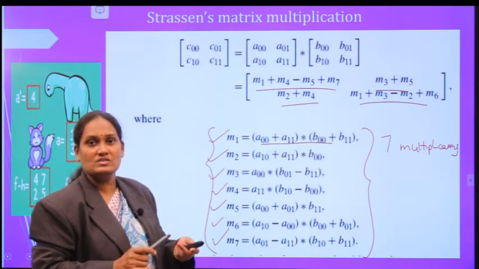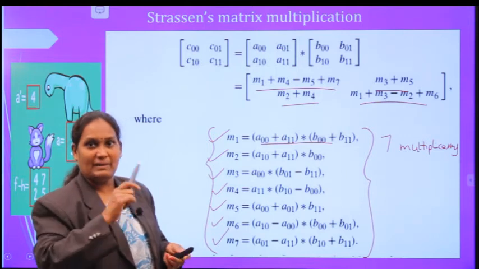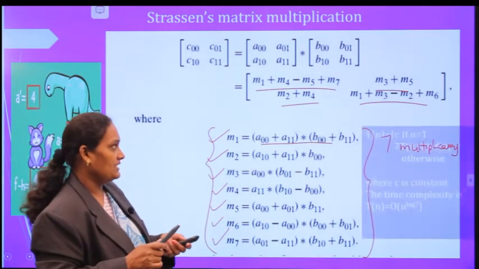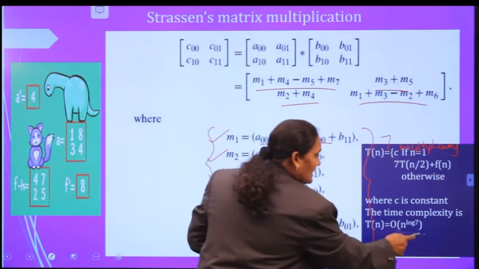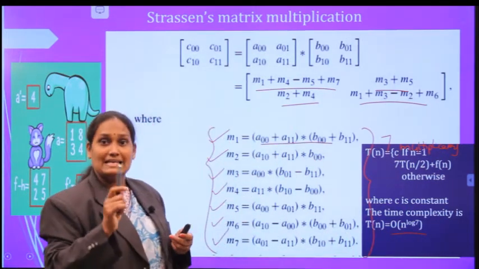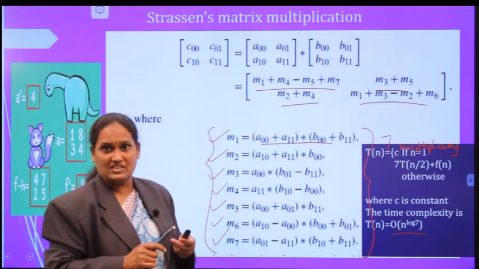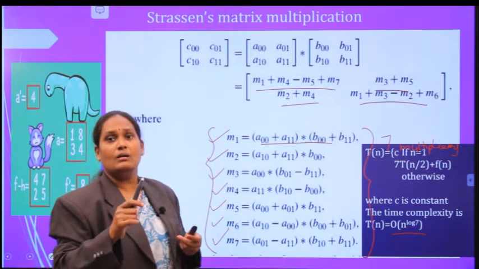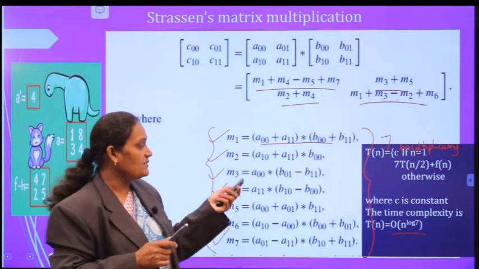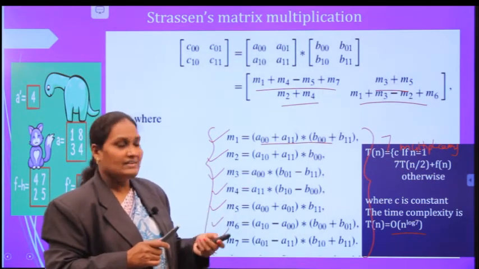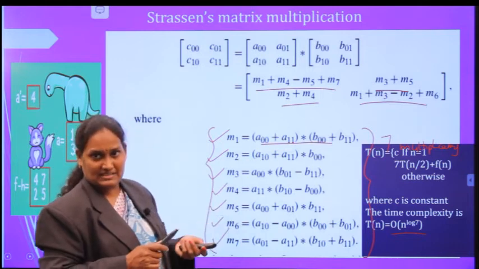That is, we reduced 1 multiplication by Strassen's matrix multiplication. Now the time complexity of this one becomes big O of n power log 7. In case of general matrix multiplication, it becomes big O of n power log 8. Here this becomes big O of n power log 7, which reduces the time complexity.